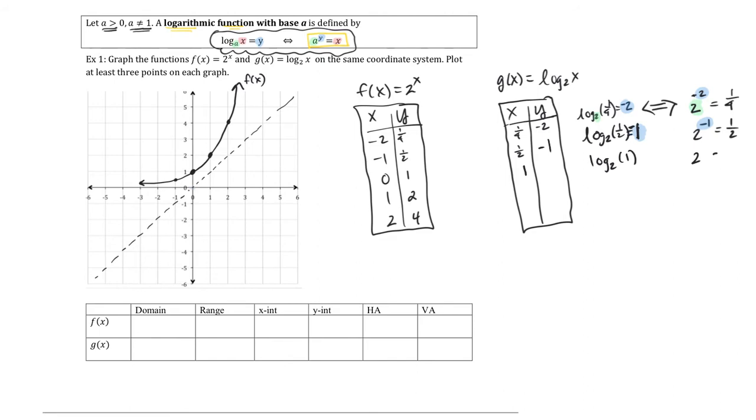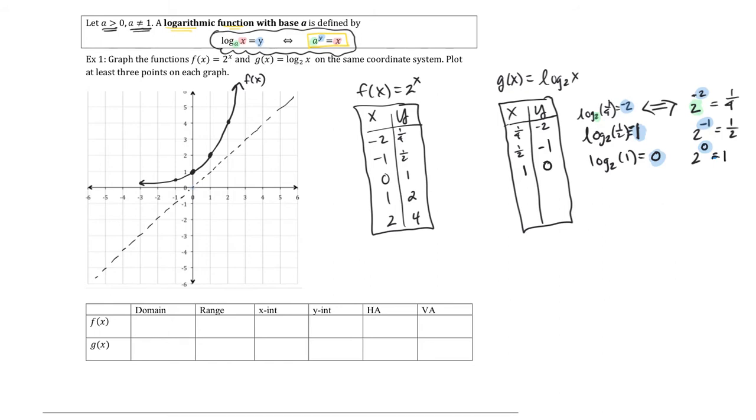We're always looking for the answer to that question, 2 to what power? The 0 power, right? So out goes 0.